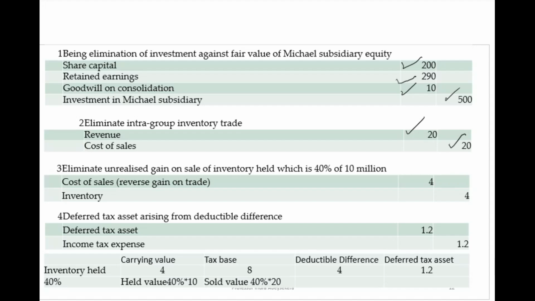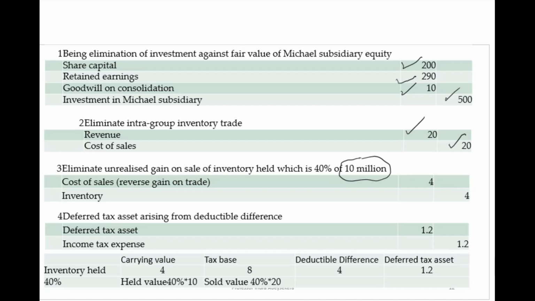Third consolidation journal entry is to eliminate the unrealized gain on sale of inventory that is held. What is held now is 40% of the inventory, and the total gain on the inventory is 10 million, and only 40% is now being held.